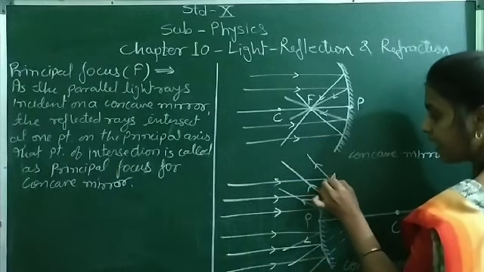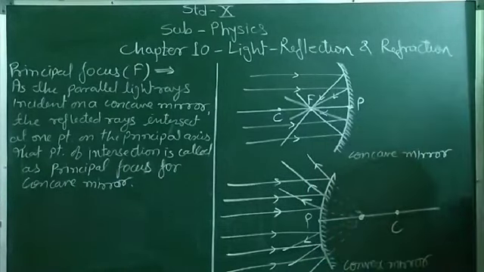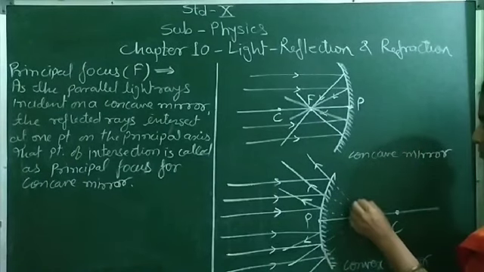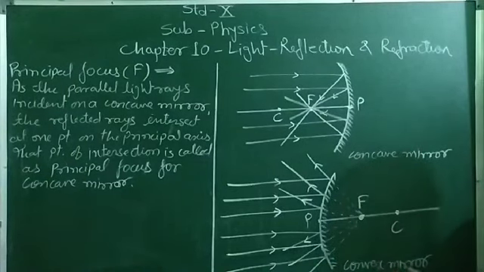But when reflected back, they appear to come from one point on the principal axis, and that point is called the principal focus for a convex mirror.